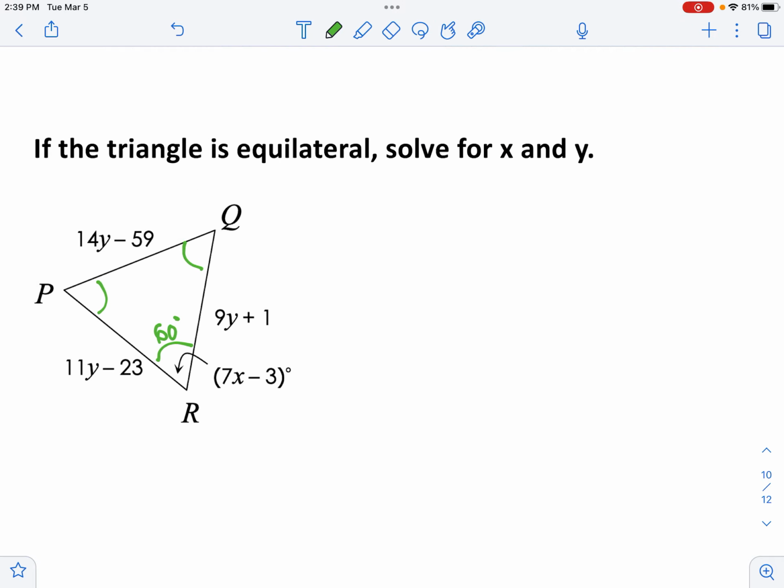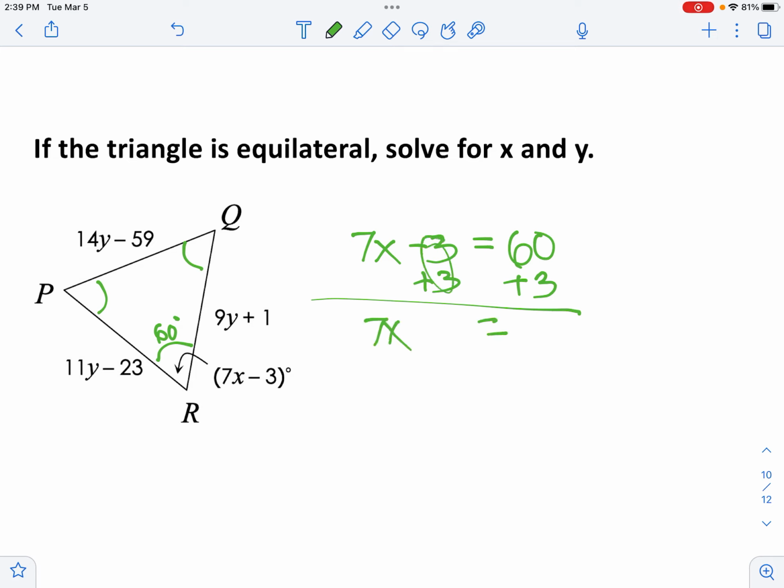So we could start out by saying 7x minus 3 has to be equal to 60 and solve for x. So add 3. 7x equals 63. And then divide by 7, and so x is 9.